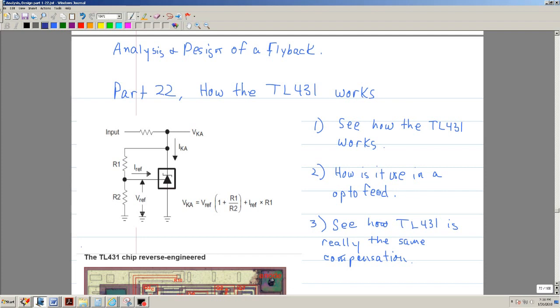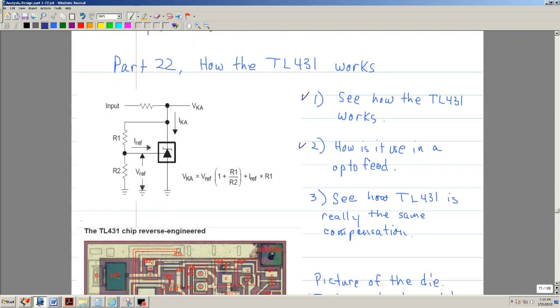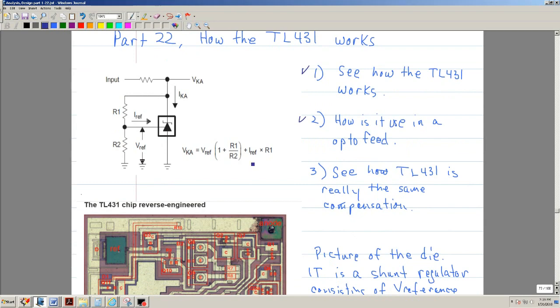We're going to try and see if we can do some simulation, see how the TL431 works, how you can program it. Maybe not in this video, but certainly in the next one, I'm going to use it in the opto feedback, and then we're going to compensate it as well.